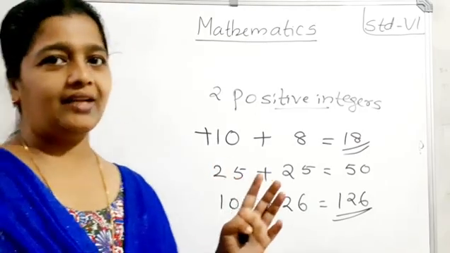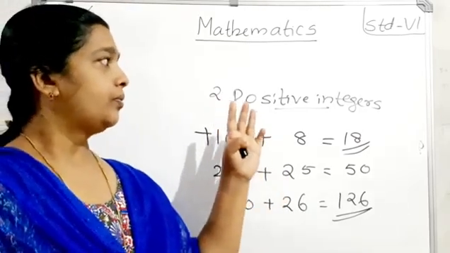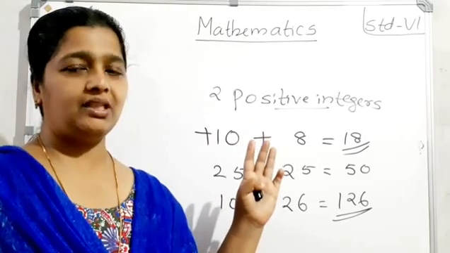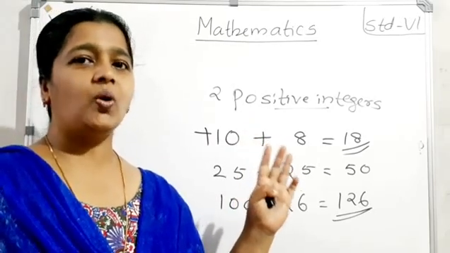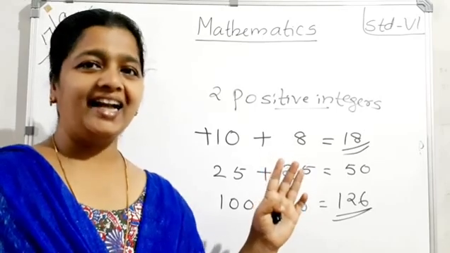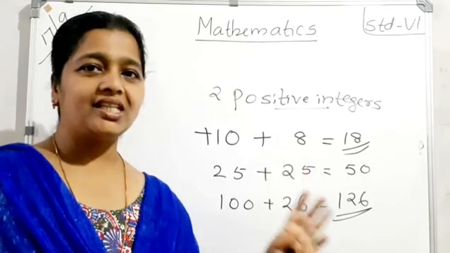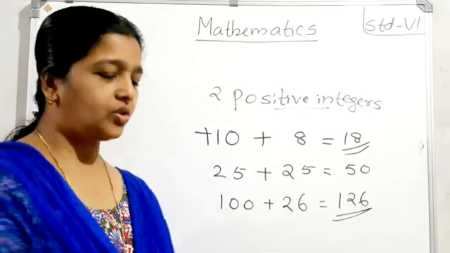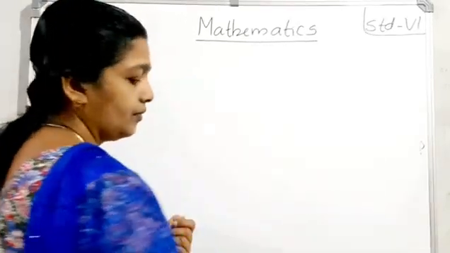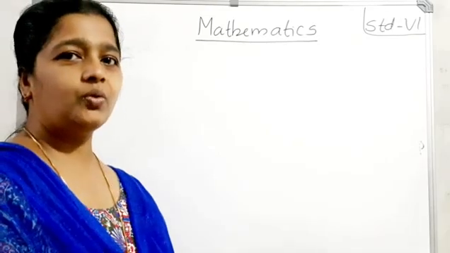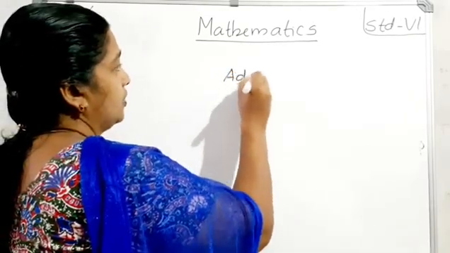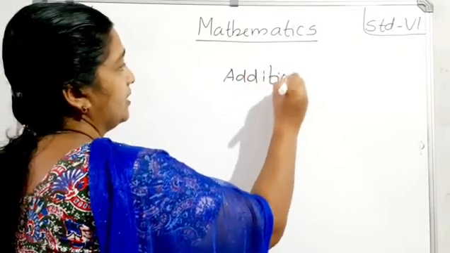So the rule: when two positive integers are added, we get a positive integer. All of you understand? Yes. So we can go to the next one, addition of two negative integers.